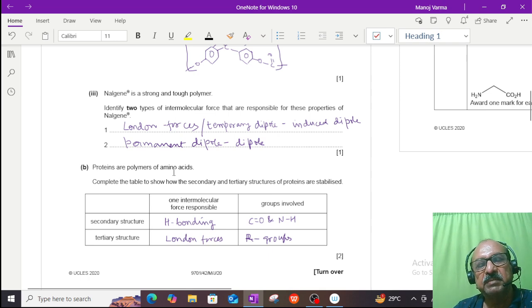Proteins are polymers of amino acids. Complete the table to show how the secondary and the tertiary structures of proteins are stabilized.